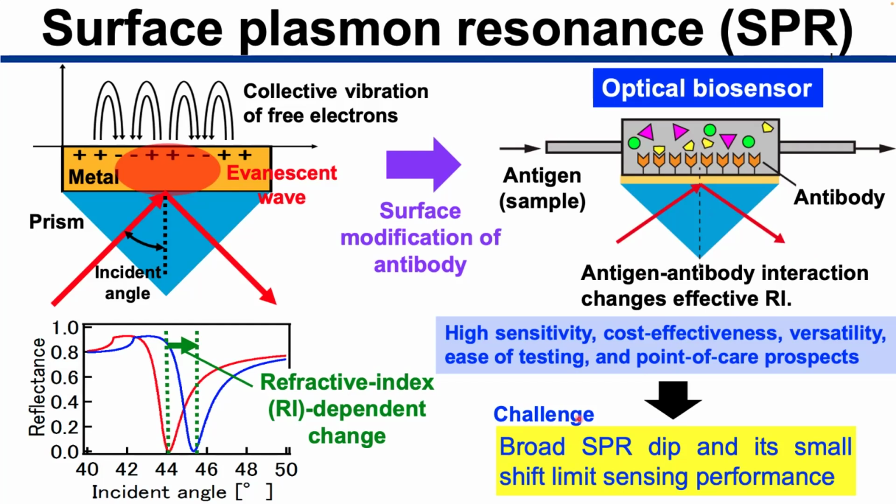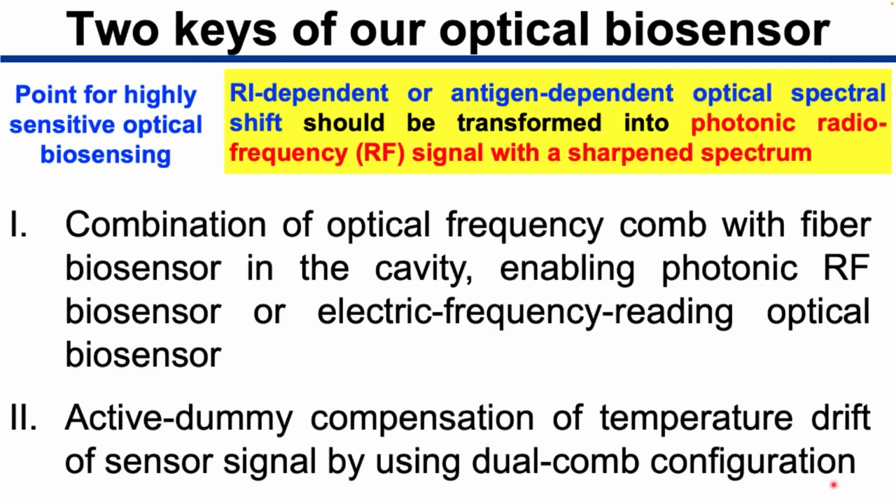So the remaining challenge of the SPR is that the broad SPR dip and its small shift limit the sensing performance. For highly sensitive optical biosensing, the real RI-dependent or antigen-dependent optical spectral shift should be transformed into the photonic radio frequency or RF signal with a sharpened spectrum.